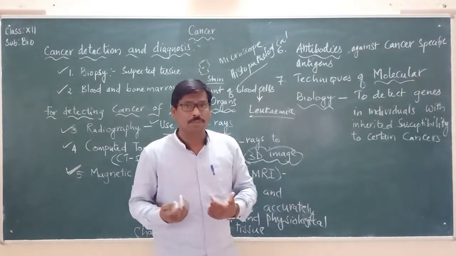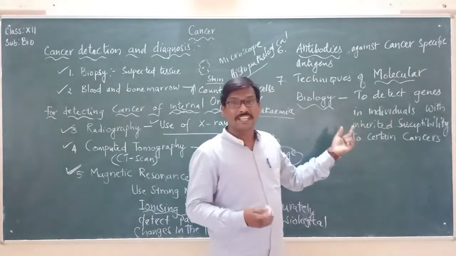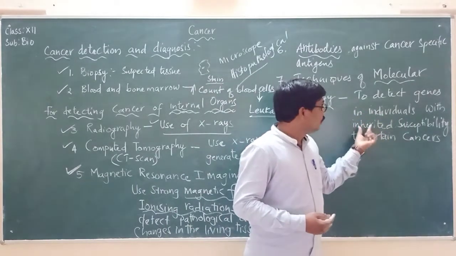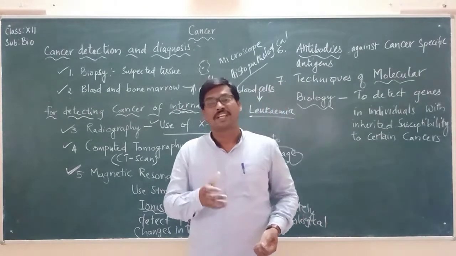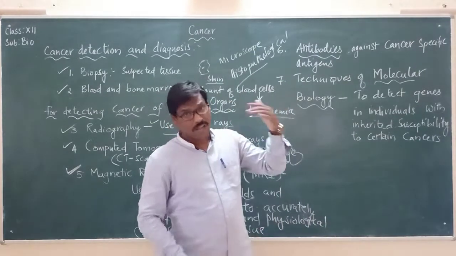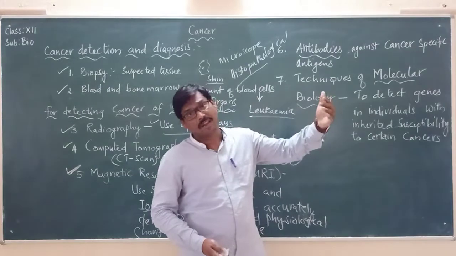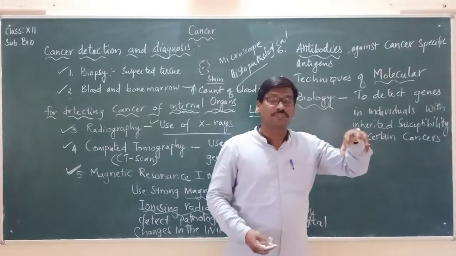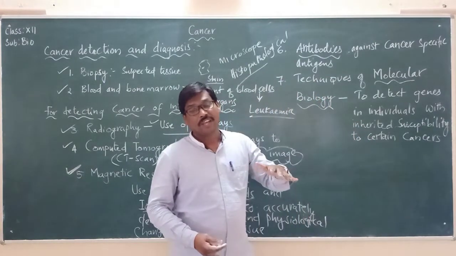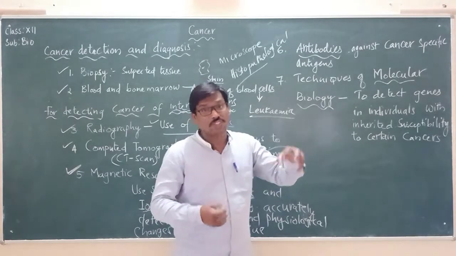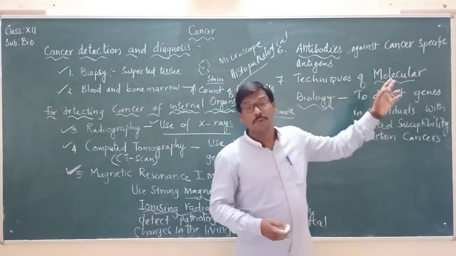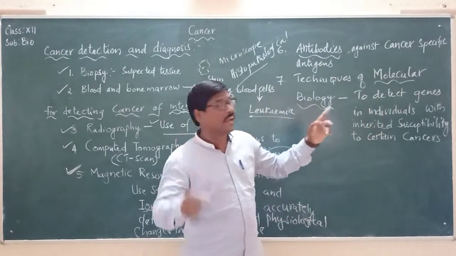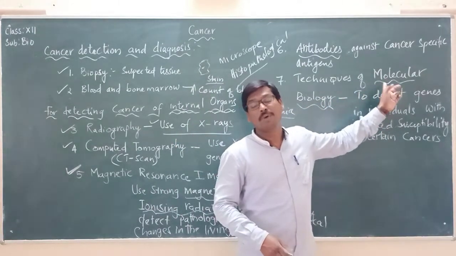So in advance, they detect the genes in individuals with inherited susceptibility to certain cancers. Which means, if their ancestors, their parents or forefathers, suffered with cancer and died, and it is suspected that they may also be carrying that gene, they will try to identify whether that gene is in active or inactive form with the technique of molecular biology.